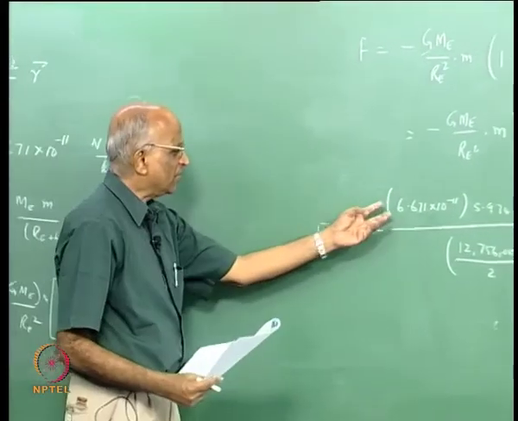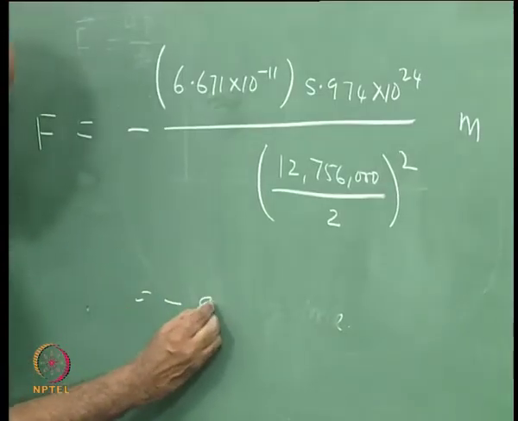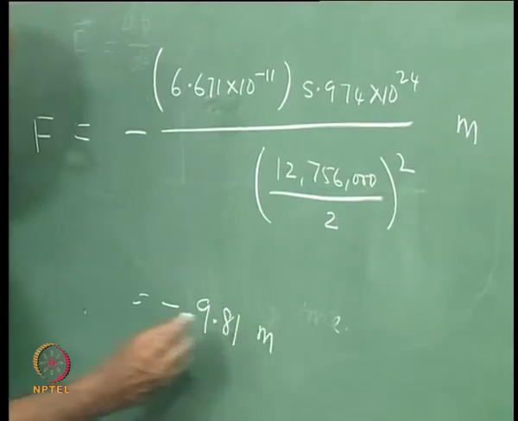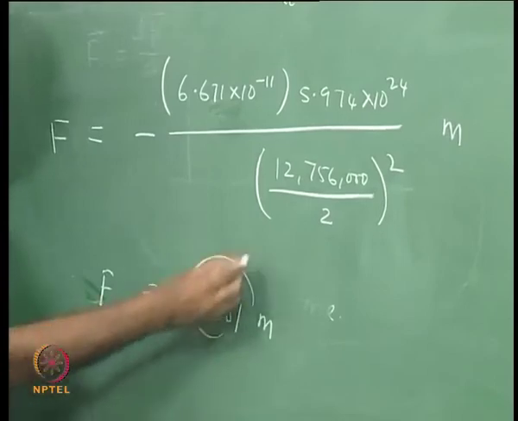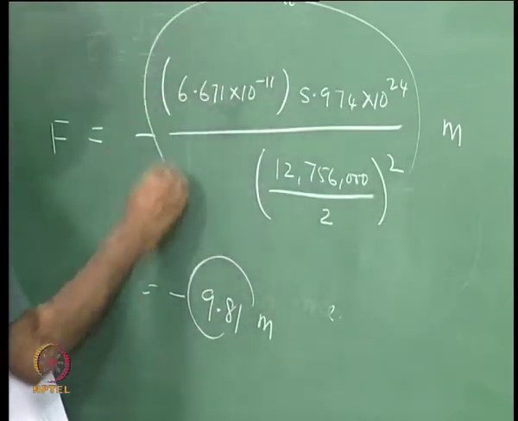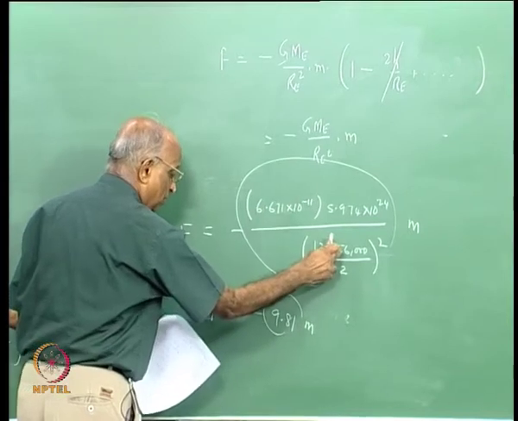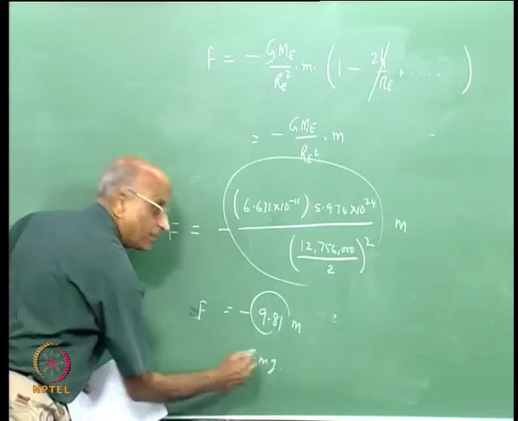Now I simplify this and find the value comes out to be minus 9.81 of m, which is equal to F, and this is a constant. Mind you, the mass of the earth is a constant, G is a constant, the radius of the earth is a constant, and this is what we say: F is equal to minus mg.